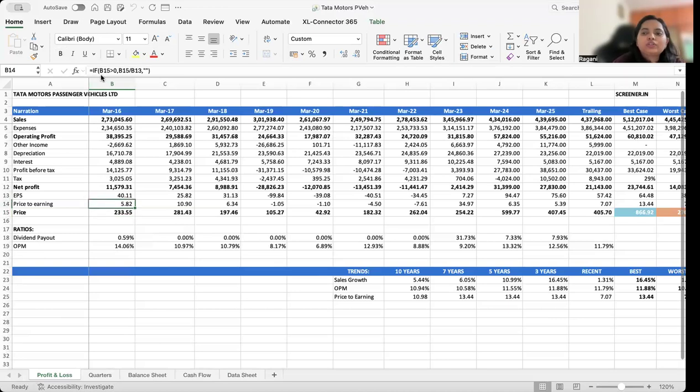I used the IFS function where B15 greater than 0. Then I used B15 divided by price to earnings divided by earnings per share.